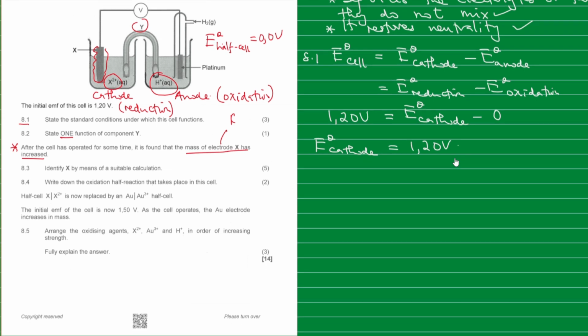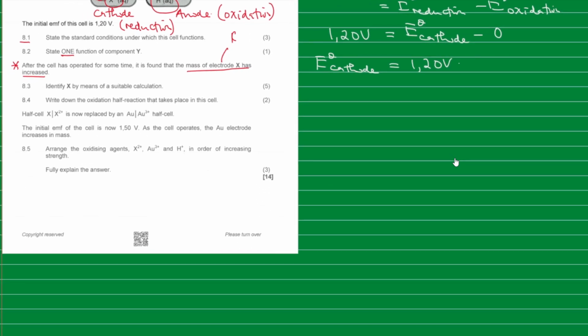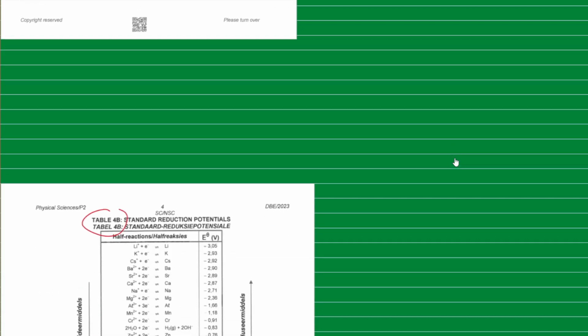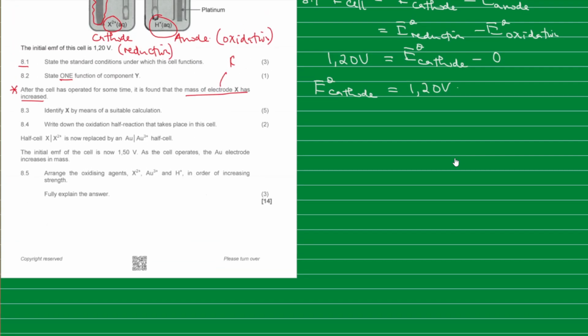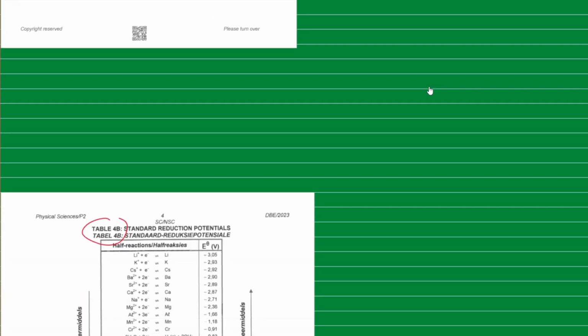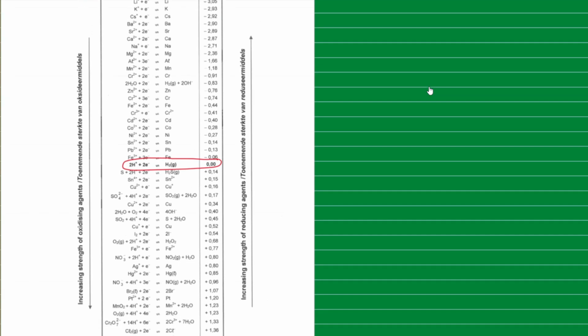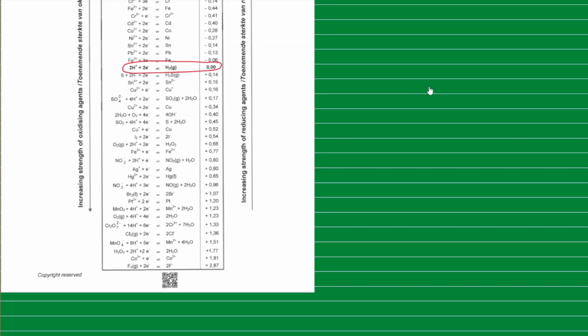So we have to go back and check on our standard reduction potentials tables to see which substance or metal has got this value here. So we scroll back to our standard reduction potentials, look for positive 1,20, and the positive 1,20 is found over here.